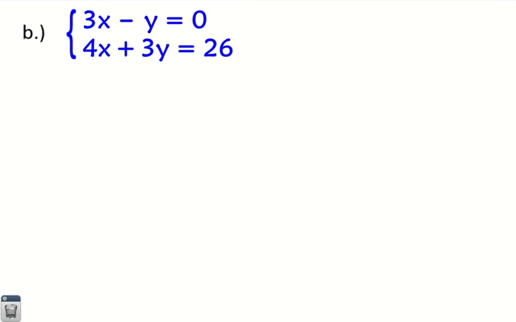Once again, you had to actually solve one of these equations for x or y, because again, you got to know what x equals, you got to know what y equals. When I look at what would be my easiest path, I choose solving the first equation for y. So if you add the y over, you end up with 3x equals y.